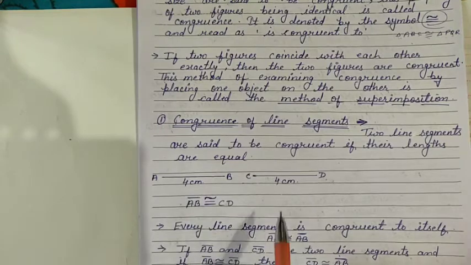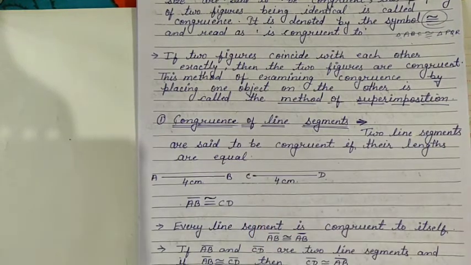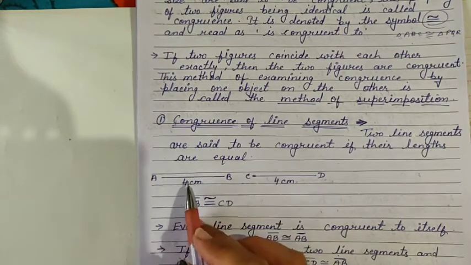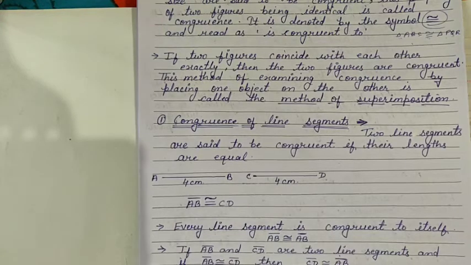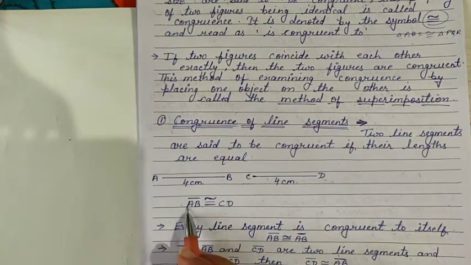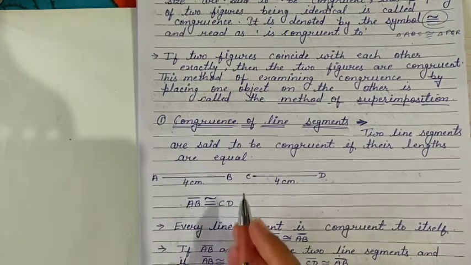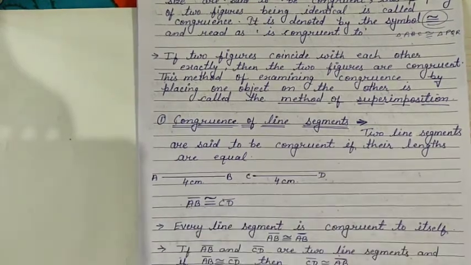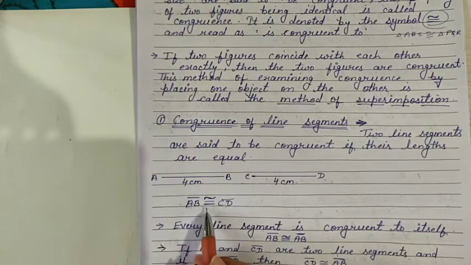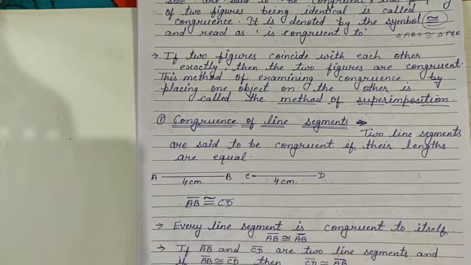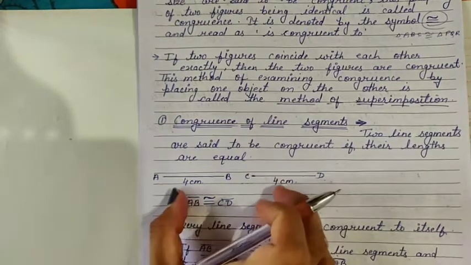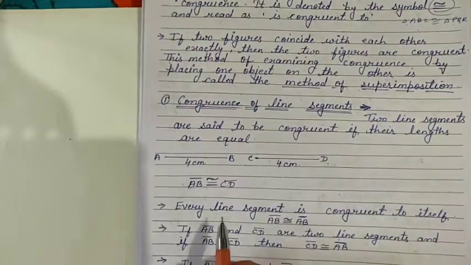Length of AB is 4 cm and length of CD is 4 cm. It means the lengths of these two line segments are the same. So line segment AB is congruent to line segment CD, because their lengths are the same.